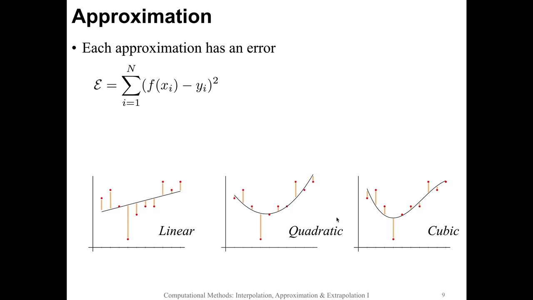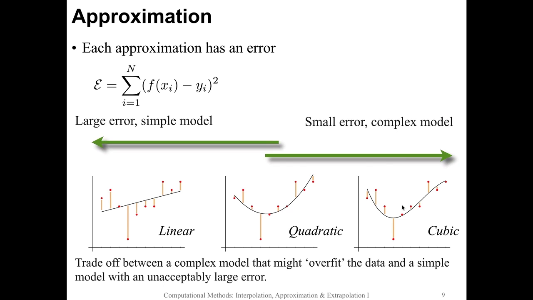And you might be able to see that the errors actually do, on average, go down as we move from the left of the diagrams to the right. And this illustrates a bit of a trade-off, because on the left-hand side we have perhaps a larger error but a simpler model, or we can move to the right-hand side and say, well, we'll take on a more complex model to get a smaller error.